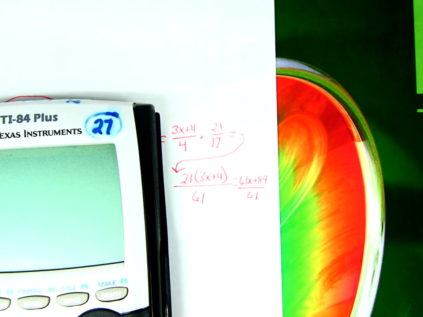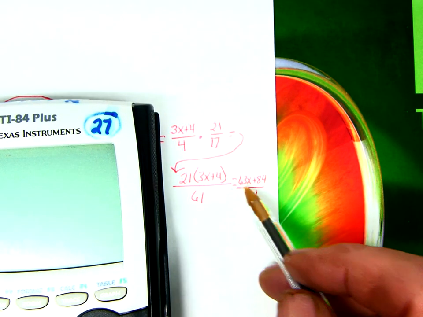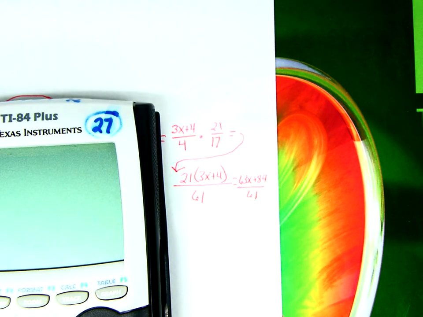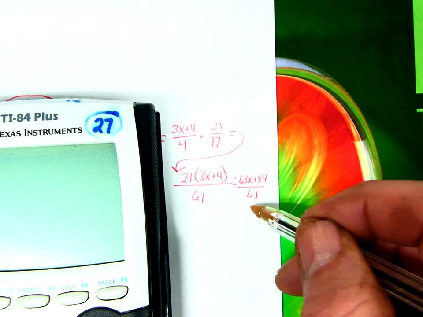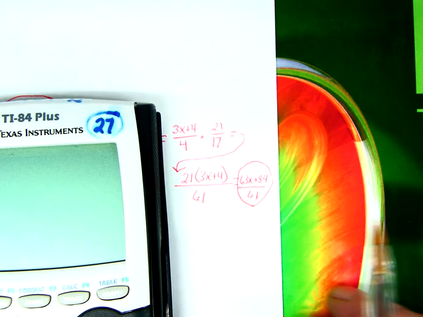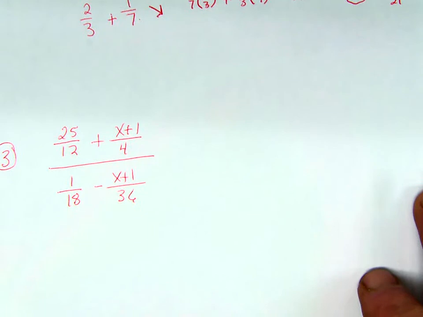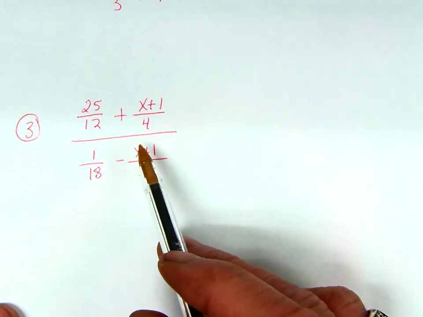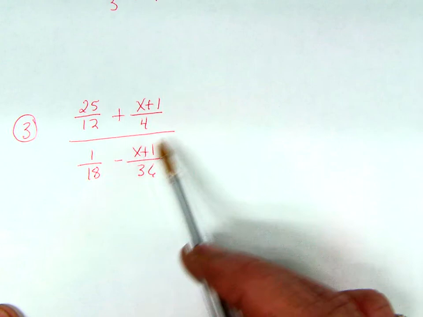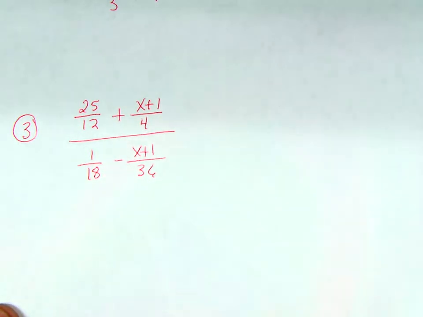Well, do 63, 61, and 84 have common factors? I don't believe so. We're going to call that done. Yes! Look at this beauty. Man, you search your whole life looking for sweetness like this, and here it is on a piece of paper.